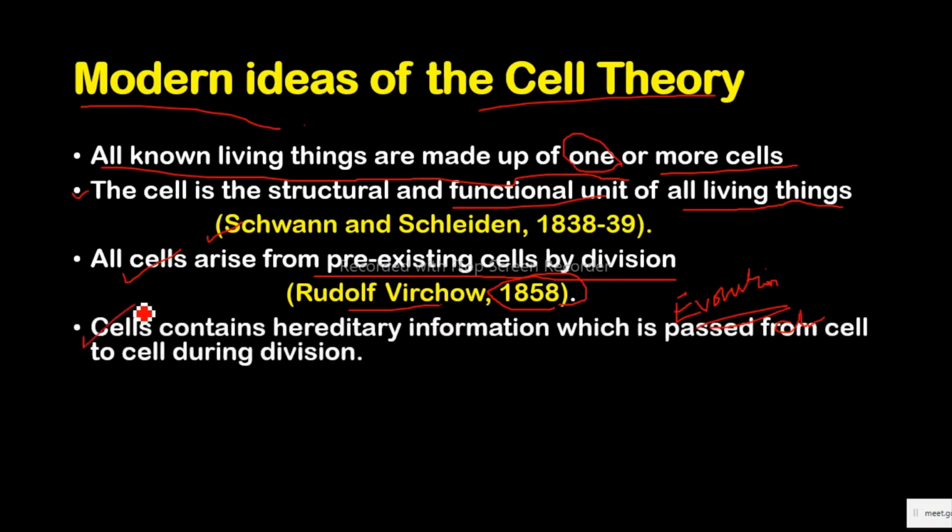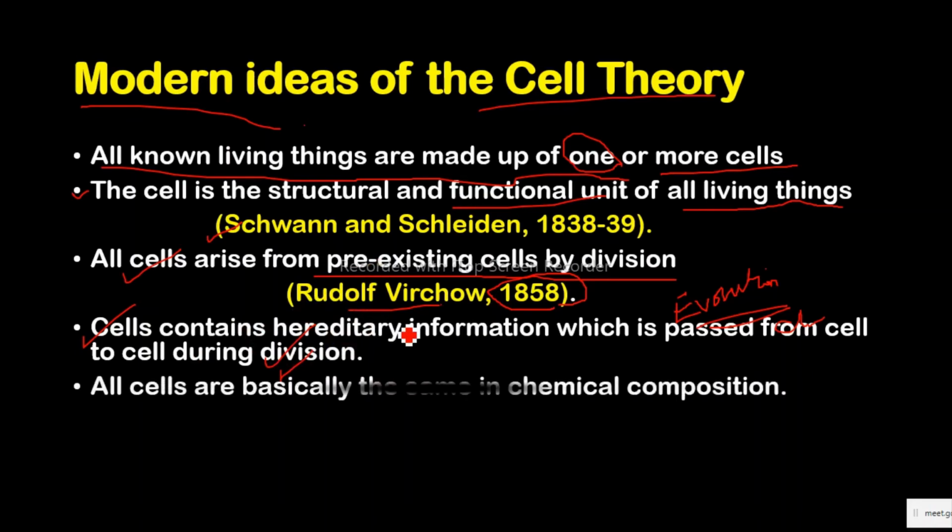Then, cells contain hereditary material, which is passed from one cell to another by cell division, and we shall study cell division and see how it occurs. Then all cells are basically the same in chemical composition. Those minor differences are just differences to suit their surroundings.